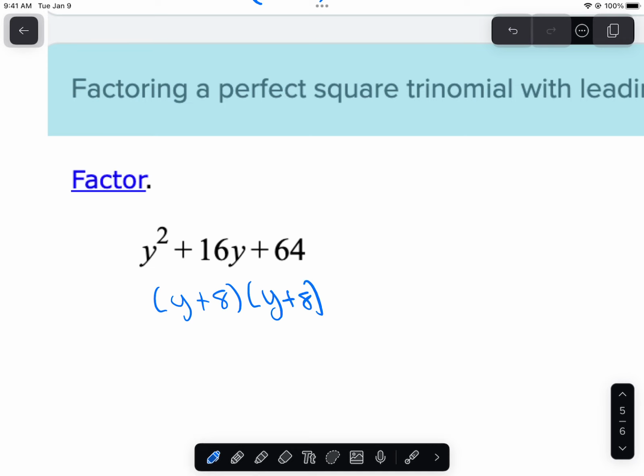So you can write it two different ways. Feel free to write y plus 8 and y plus 8, be done with it. That's fine. Because those are matching factors, feel free to write a little shortcut. You'll notice here they said a perfect square trinomial. That just means these two things will end up matching like they did.